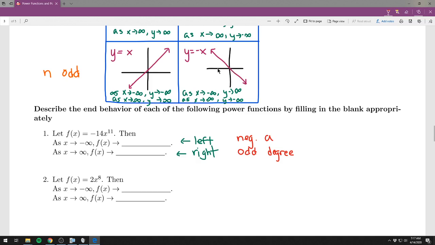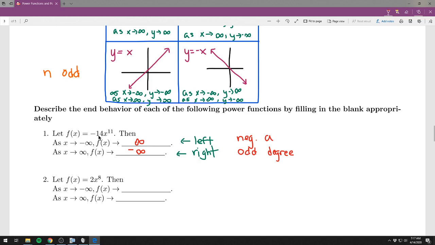As we go to the left, it's going to go up to +infinity. As we go to the right, it's going to go down to -infinity. Now, once again, I would like to mention that you should keep track of that. But if you want to just graph it to double check yourself, it doesn't hurt.